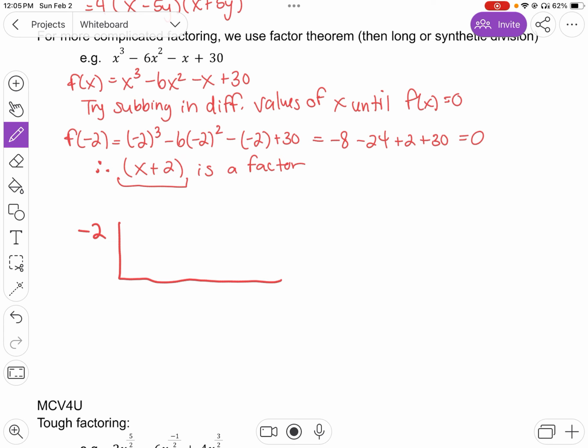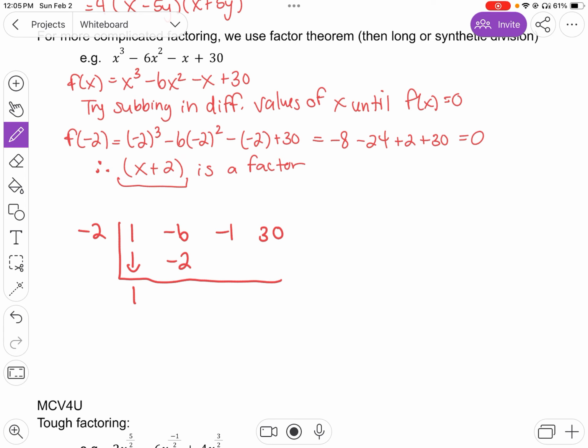And then we put all of our coefficients of the function all along the top here. So our first coefficient is 1, and then we've got a -6, then we have a -1, and then we have a positive 30. And so the first step is to just carry down that 1. And then we're taking our 1 and multiplying by the -2 off to the left there, and that gives us a -2. So we write that down, and then we just add going down.